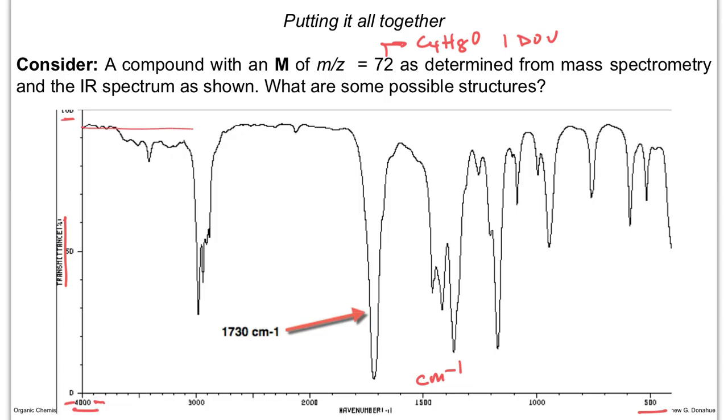Then you hit this point where it starts to dip down, and so something's being absorbed. Some energy, light, is being absorbed. So this stuff right here, that's a signal.